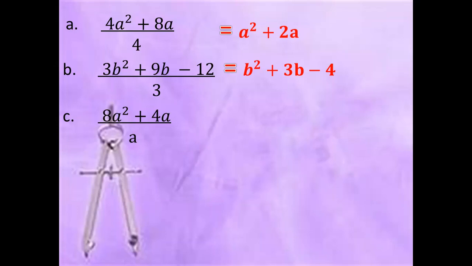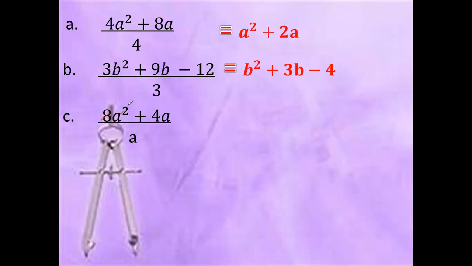Okay, so 8a squared divided by a is 8a, right? And 4a divided by a. So you have here 8 divided by 8a squared divided by a, you have a, right?